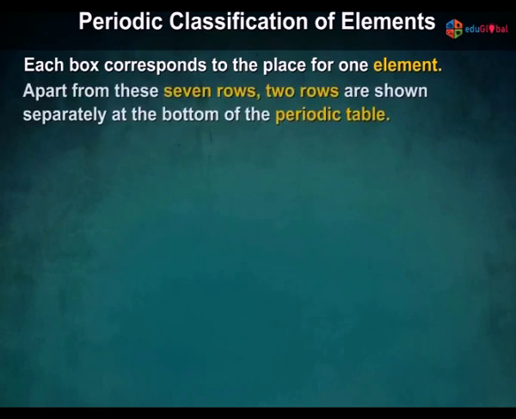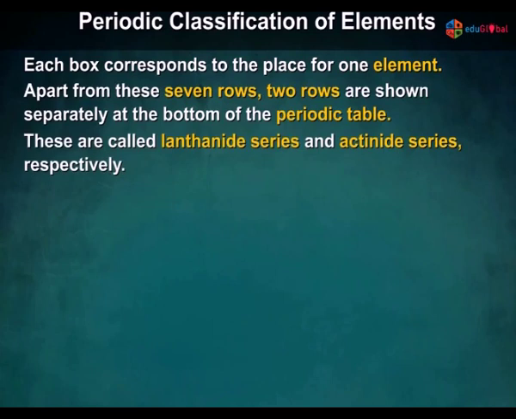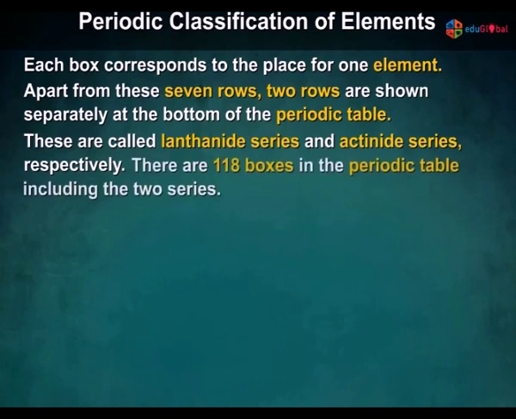Apart from these 7 rows, 2 rows are shown separately at the bottom of the periodic table. These are called the lanthanide series and actinide series respectively. There are 118 boxes in the periodic table including the 2 series.